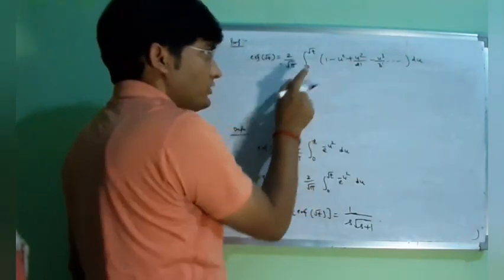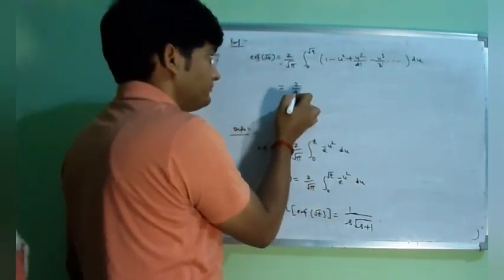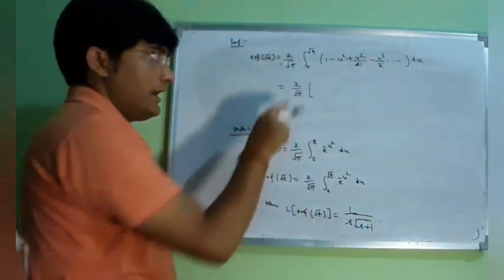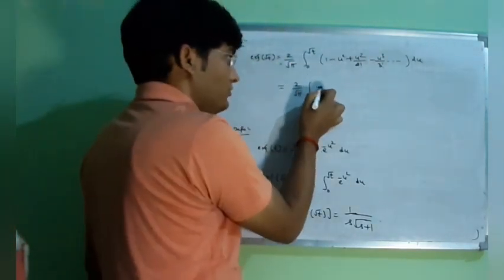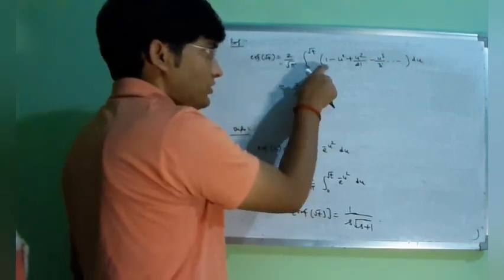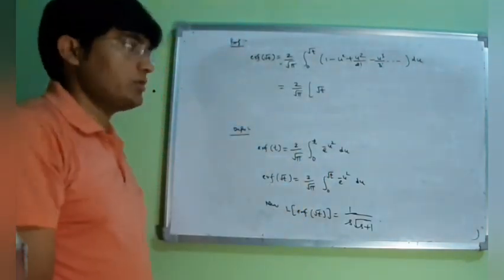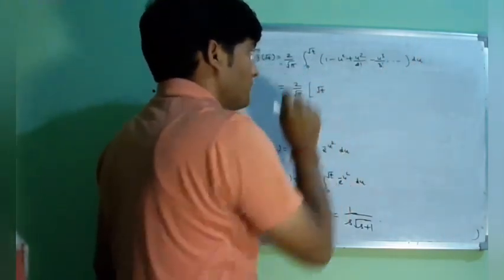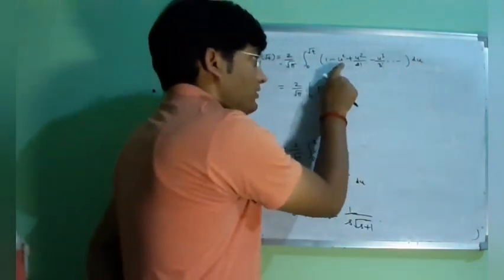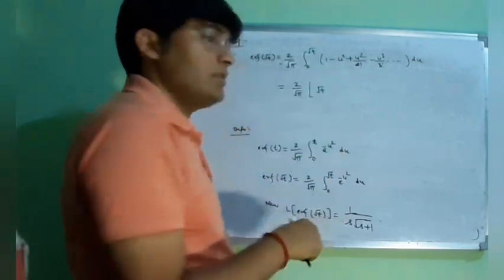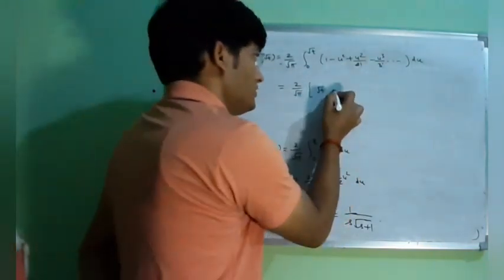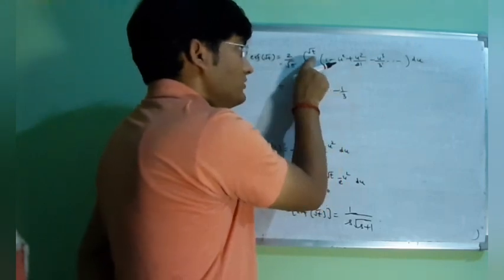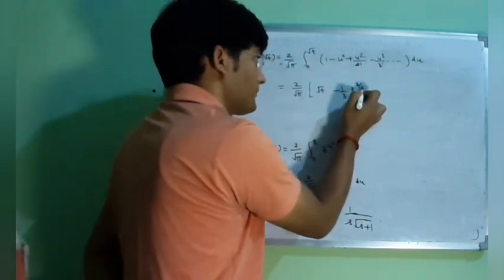So let us integrate this with respect to u. The integration of 1 will be u, and at the upper limit we will have root t, and for the lower limit this will be 0 because we put u equal to 0. The integration of u square will be u cube upon 3, and u cube means t to the power 3 by 2.